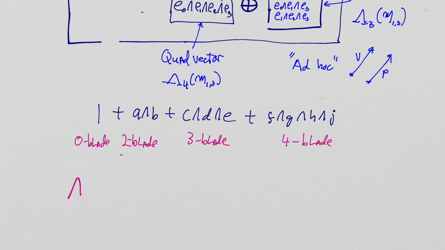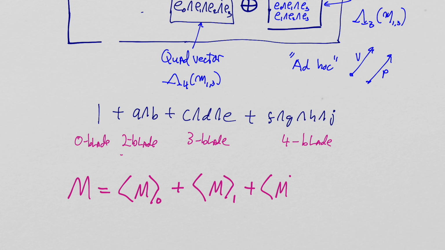And if we have a multivector M, M has a 0 blade part that we describe by these angle brackets around M. It has a 1 blade part, it has a 2 blade part, and it has a 3 blade part.